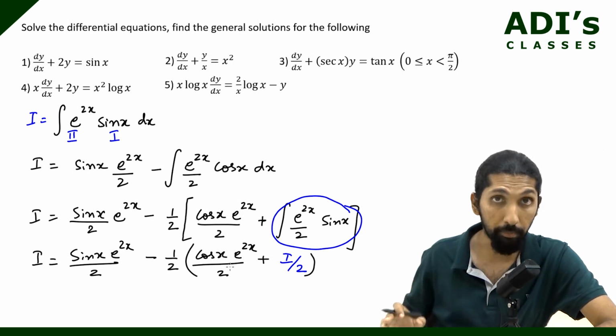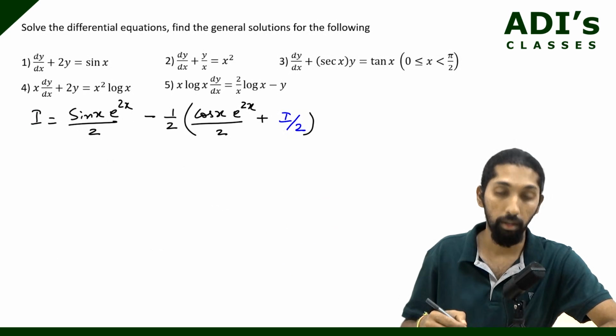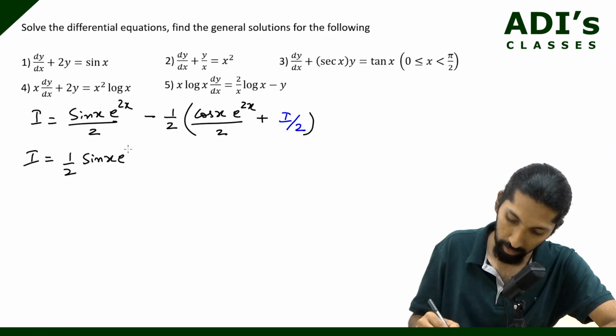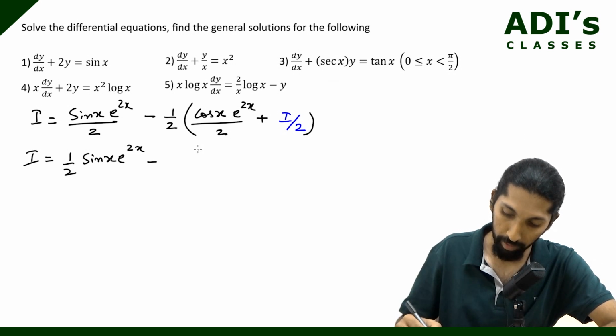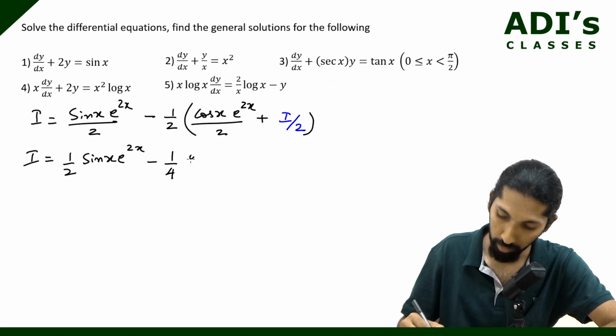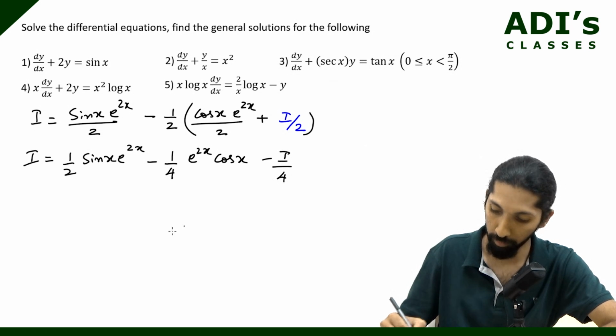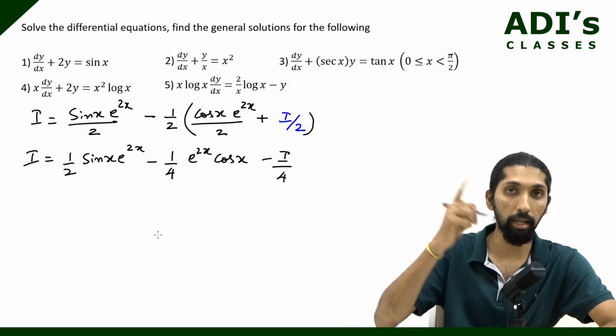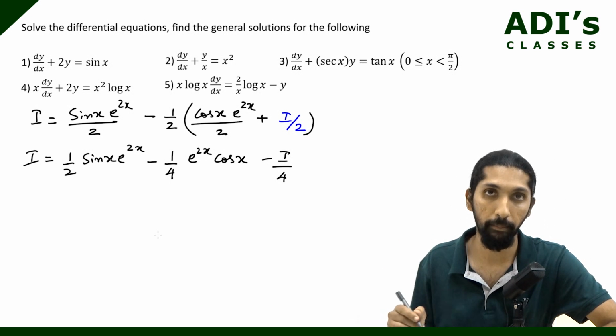So now let's go step by step through what we have done, alright? See, you have I is equal to half sin x e power 2x minus 1 by 4 e power 2x into cos x minus I divided by 4, right? So take the minus I by 4 to the LHS because we have an I there.